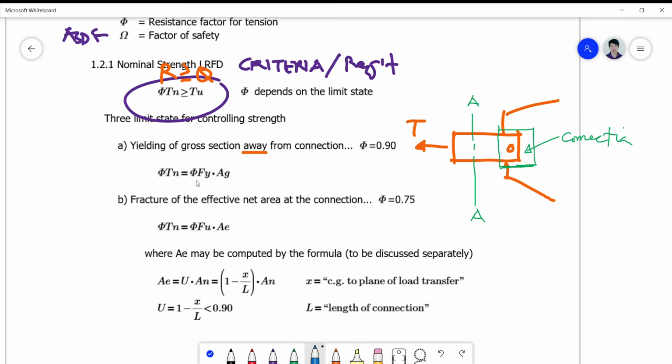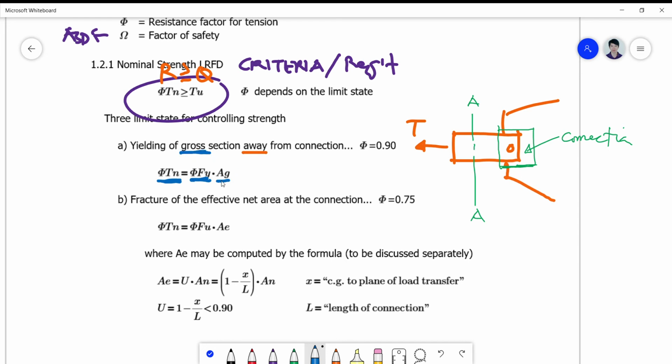If I have here a stress and I have an area, this is now your force. So my formula for the resistance will actually come from the yield strength multiplied by the gross area, because this is the gross section.